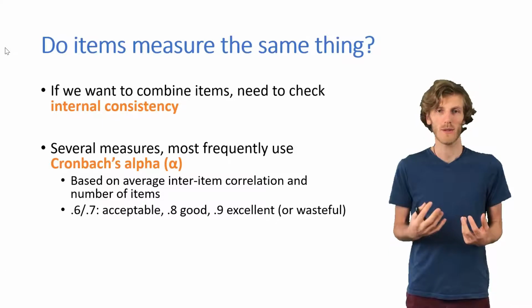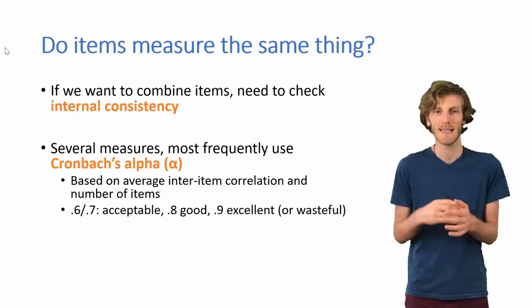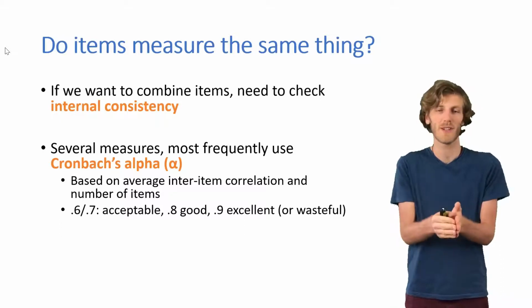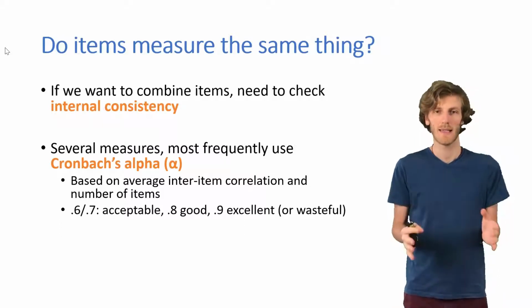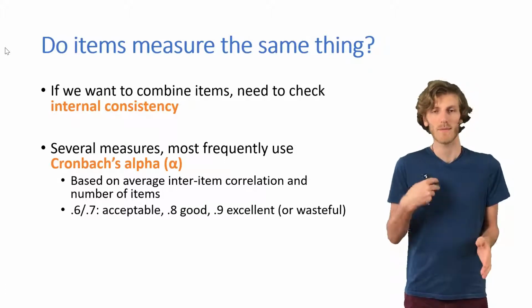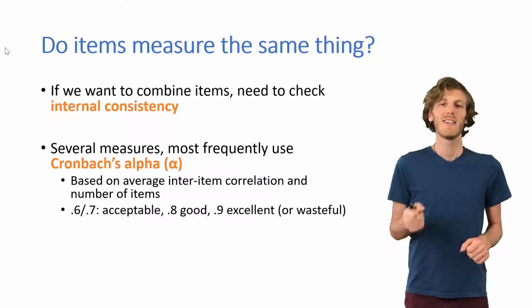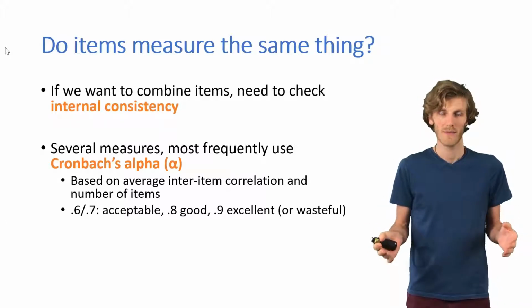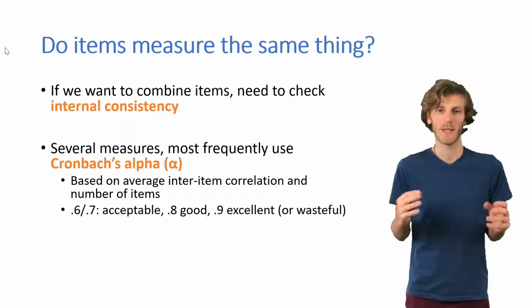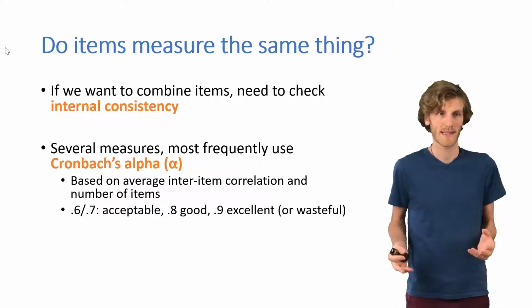There are common thresholds, so we would say, well, if Cronbach's alpha for a set of items is higher than 0.7, or if it's very few items, then maybe 0.6. If it's higher than that, we can say this is an acceptable scale. If it's higher than 0.8, it's probably a good scale. If it's higher than 0.9, you might have to start thinking whether you're asking too many items. Because it might be a brilliant scale, but your participants might also just get very tired, and it might be too expensive.